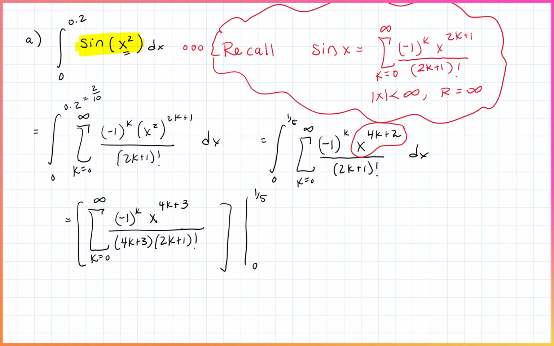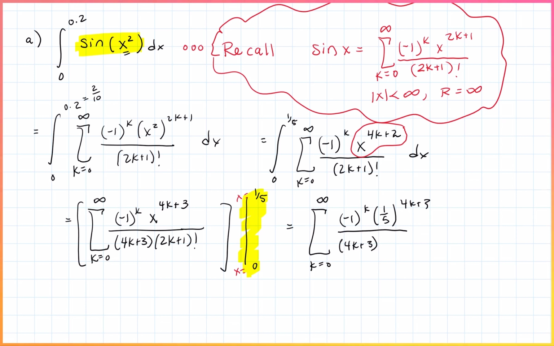Now, we're going to evaluate that power series. We're going to plug in x equals 1/5 and x equals 0, and we're going to see what we get. So when we plug that in, this definite integral becomes the power series, k equals 0, of negative 1 to the k, 1/5 to the 4k plus 3 all over 4k plus 3 times 2k plus 1 factorial, minus, well, when I plug in 0, I just get the power series of 0.